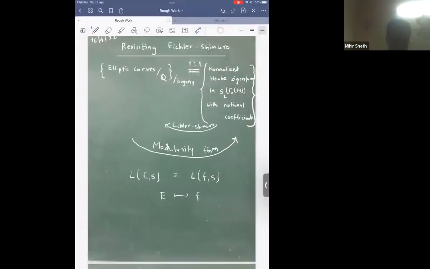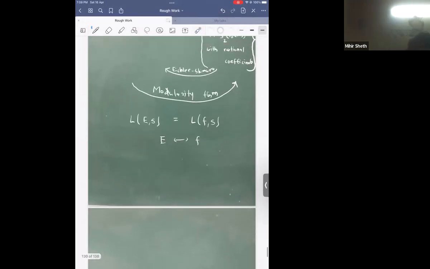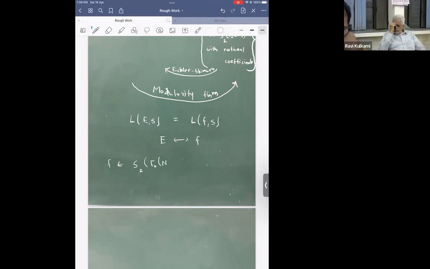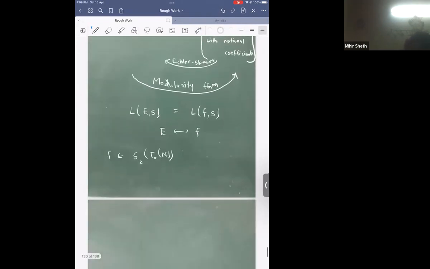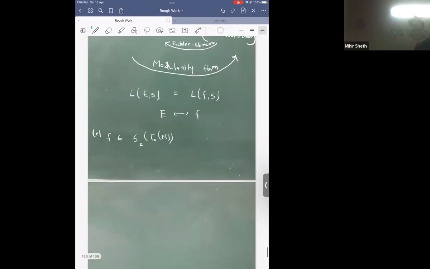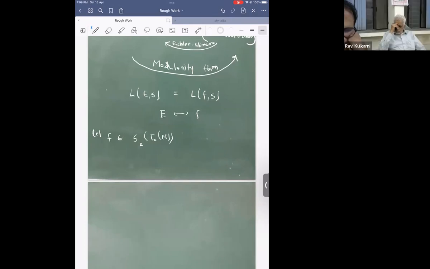Okay, so let's take a normalized eigenform with rational Fourier coefficients. Let F be in the space of weight 2 cusp forms as above.